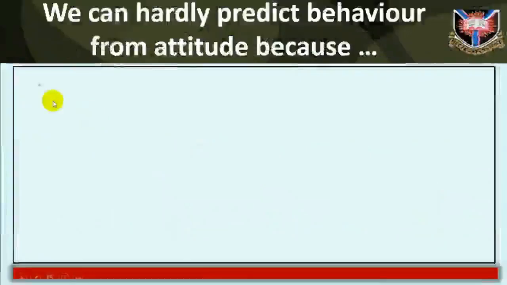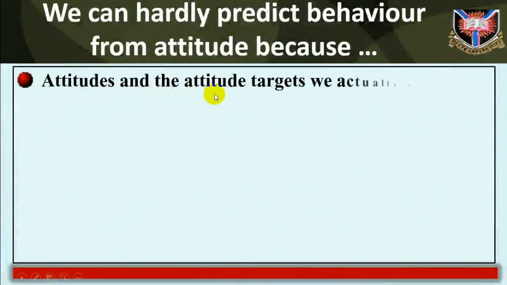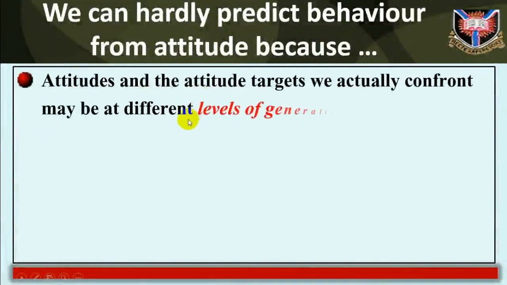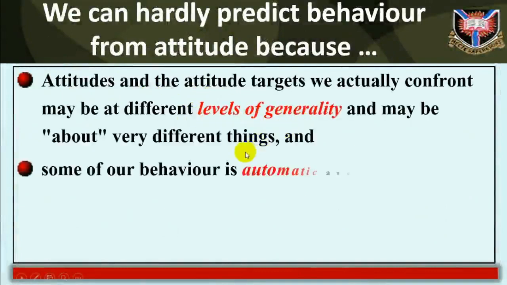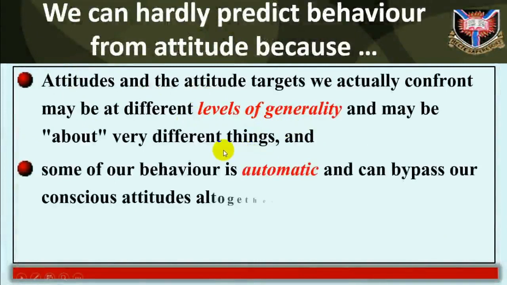Attitudes and the attitude targets we actually confront, that is, whether to donate to a motherless home or not, may be at different levels of generality and may be about very different things, and some of our behavior is automatic and can bypass our conscious attitudes altogether.